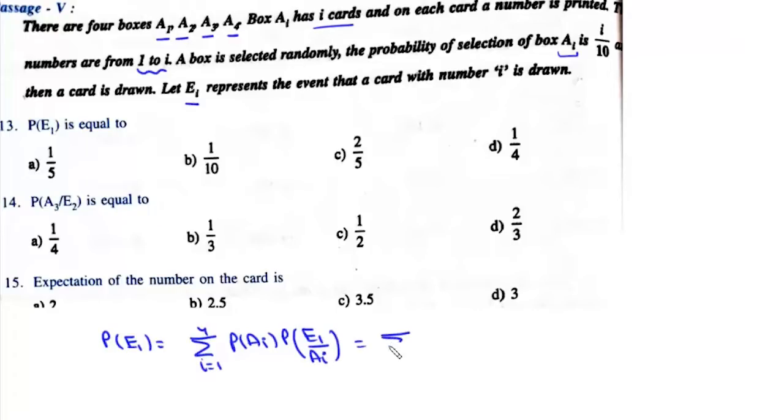So it will be this summation I varies from 1 to 4. Now probability of choosing AI is simply I by 10, and probability of getting 1 from AI is simply 1 by I. So this probability is simply 1 by 10. So it will be 1 by 10, 1 by 10, 1 by 10, 4 times. So there will be 4 by 10, which is 2 by 5, option C.